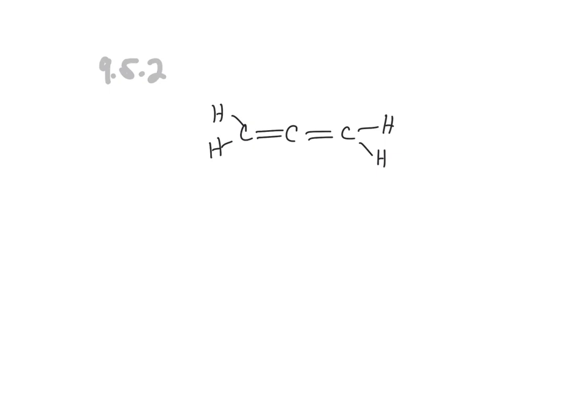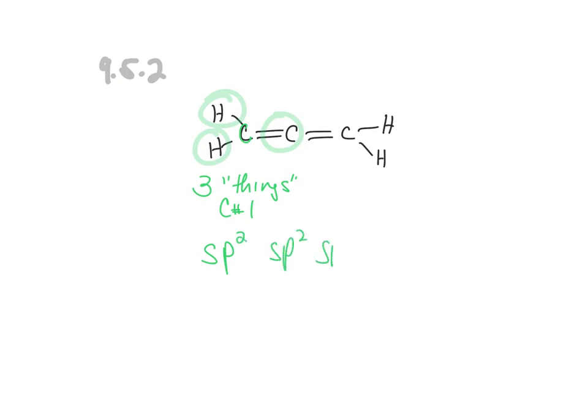All right, so let's just look at the first carbon and let's see how many things. 1, 2, 3. So we have 3 things or groups on that carbon number 1. And so let's add our superscripts. sp1 plus what gives you 3? 2. And we have to have 3 of those, sp2 and sp2.